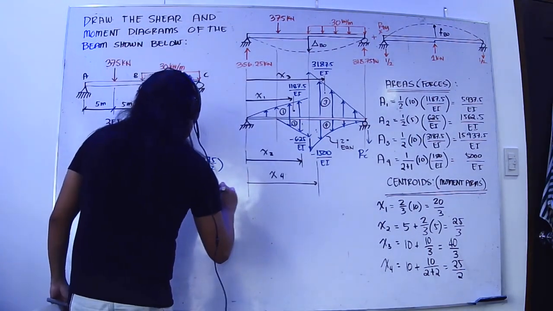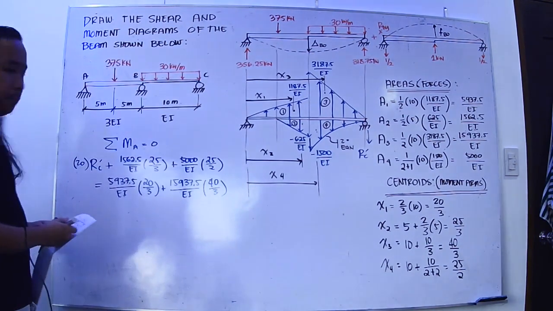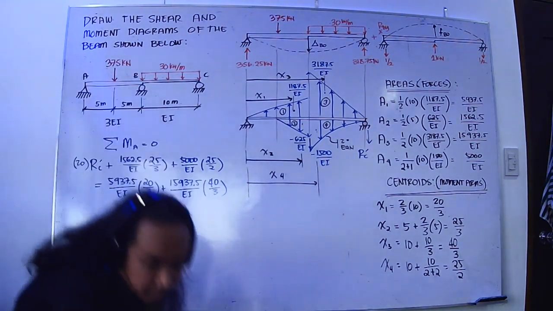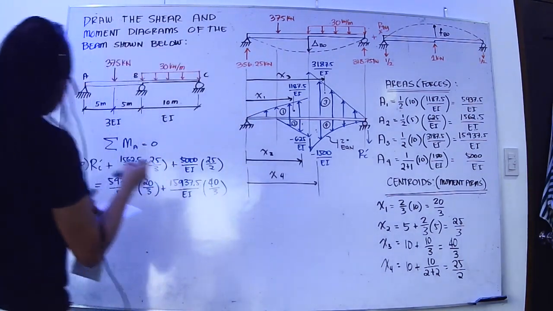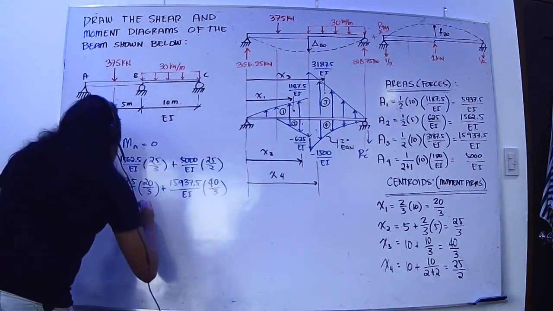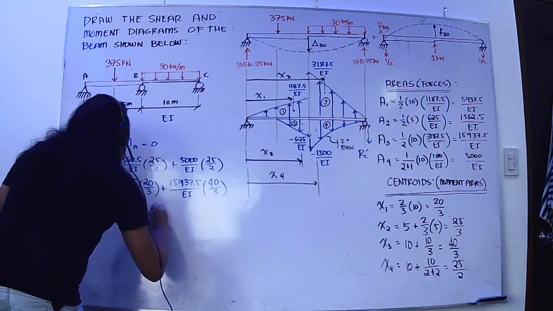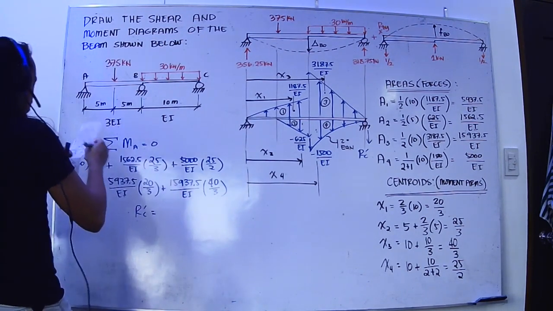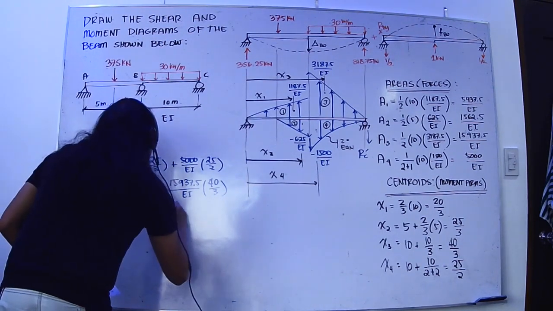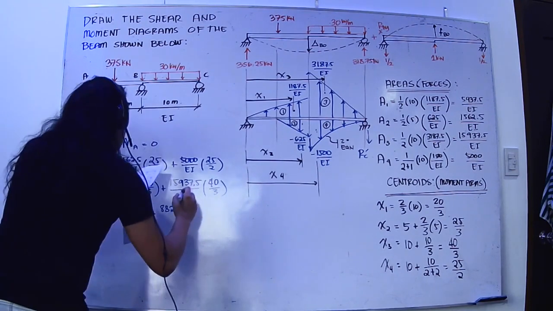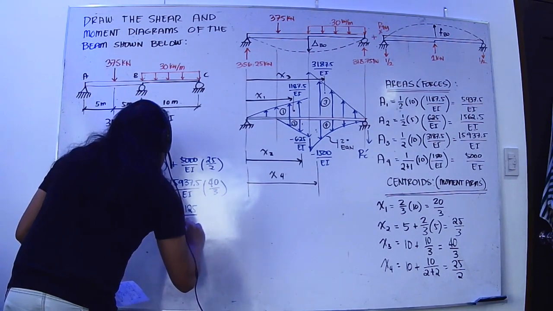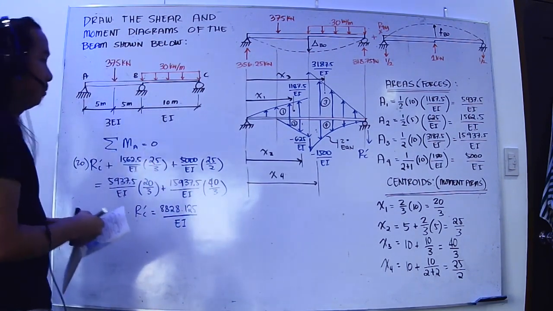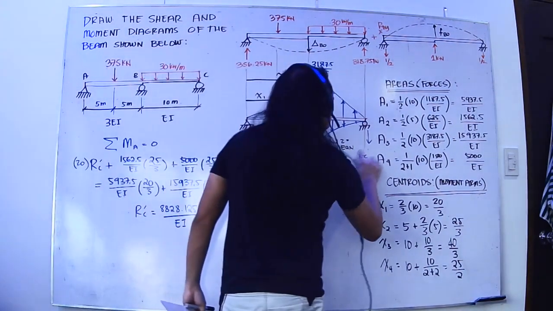So, if we compute this, I could just say that RC prime is actually equal to 8828.125 over EI. This is the number that will be placed here.